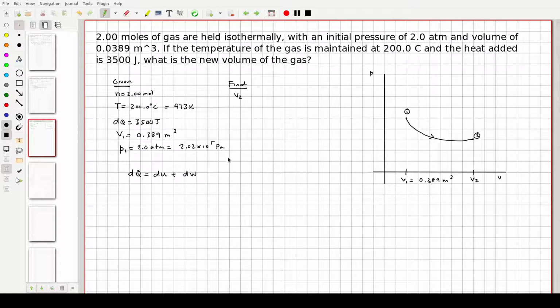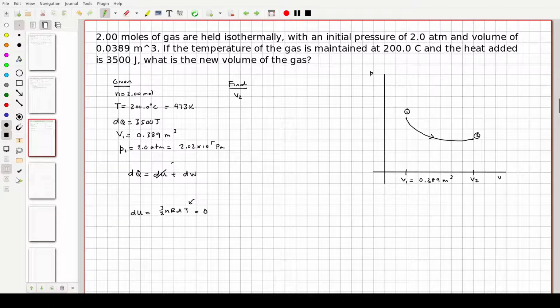So here, if you look, we're dealing with an isothermal situation. And we know that our gas is a gas during this change of state. So if you think about what the internal energy looks like for a gas, it's 3/2 nR dT. What you'll see here is that if the change in temperature is 0, that is, it's being held constant, it's isothermal, the change in internal energy is 0 as well.